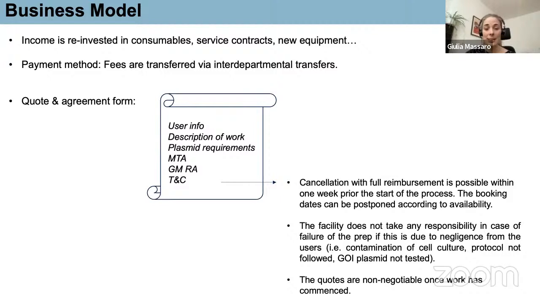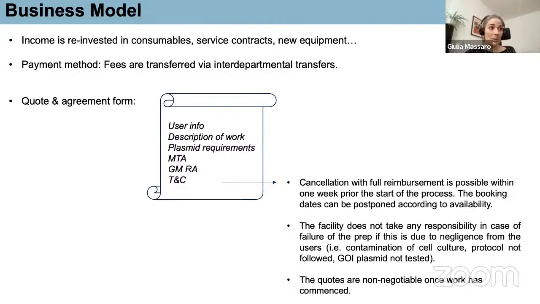So if you have to cancel and I can use the cells for another purpose, I'm not going to ask for any extra money. Unless you literally cancel on the morning, and I can't do anything. I lost a lot of my time and money preparing all the cells for you. And then, of course, I can't take any responsibility for failure that is due to negligence.